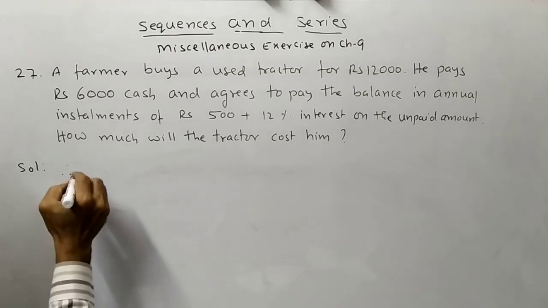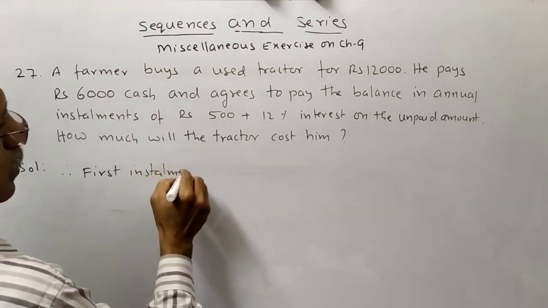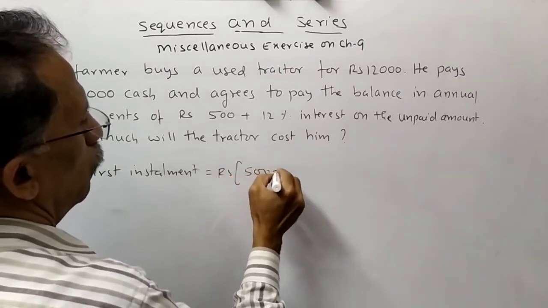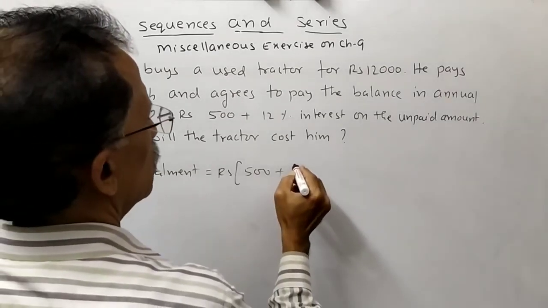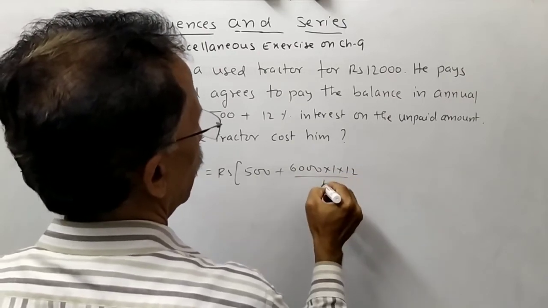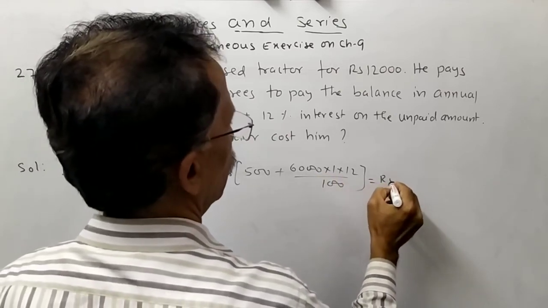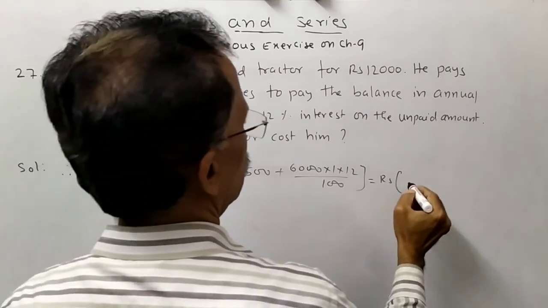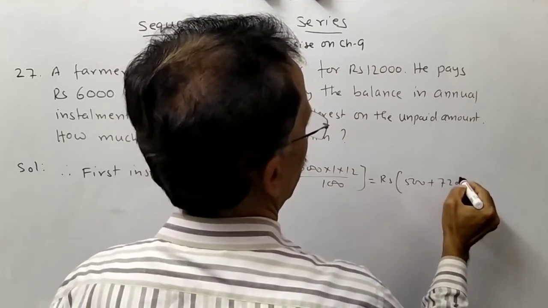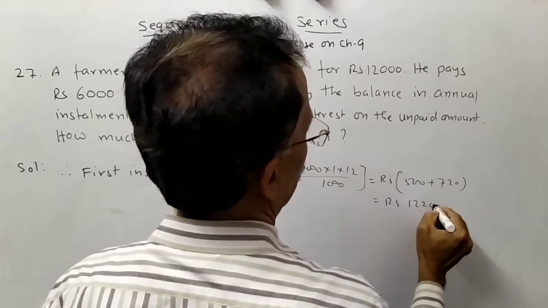Therefore, first installment is equal to rupees 500 plus 6,000 into 1 into 12 divided by 100 is equal to rupees 500 plus 720 is equal to rupees 1220.